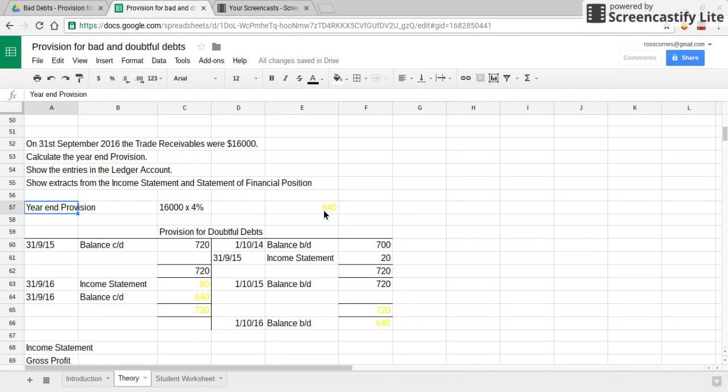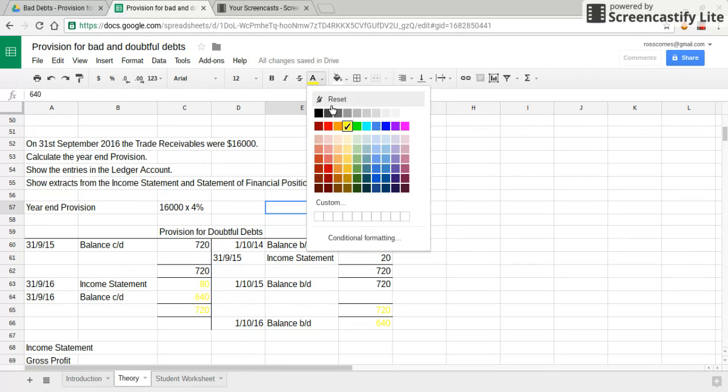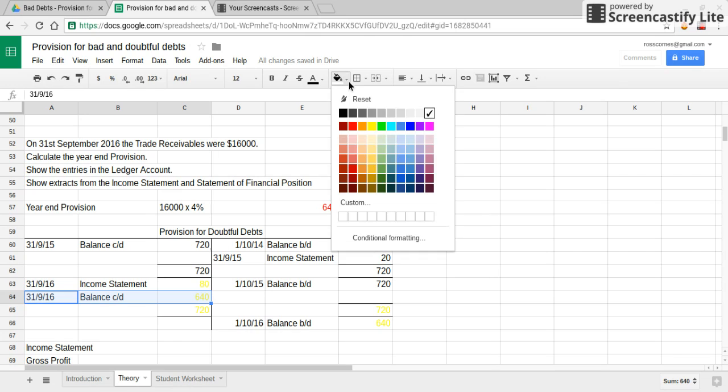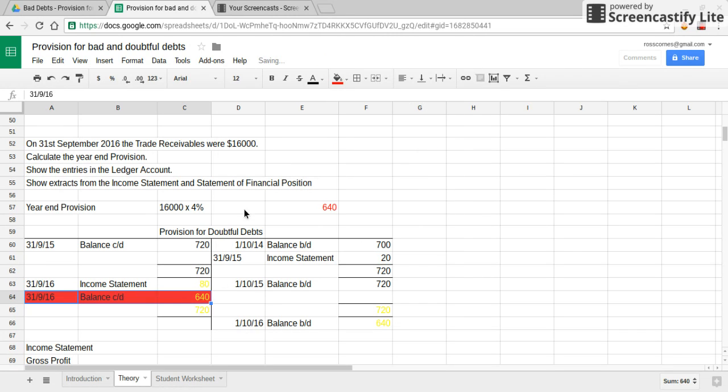So because the trade receivables are $16,000, at the end of the year, we only need $640 of provision. So the amount that will appear as a balance carried down will be $640. Okay, this time the credit side is bigger, so the totals are going to be $720.